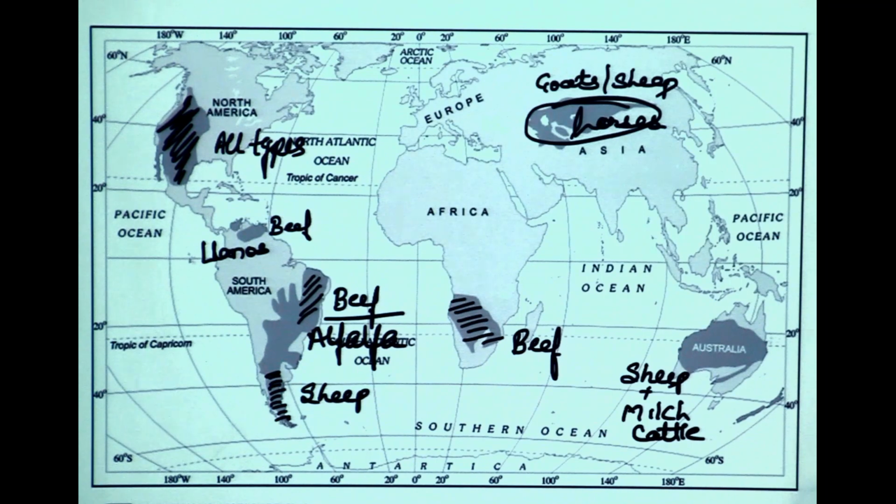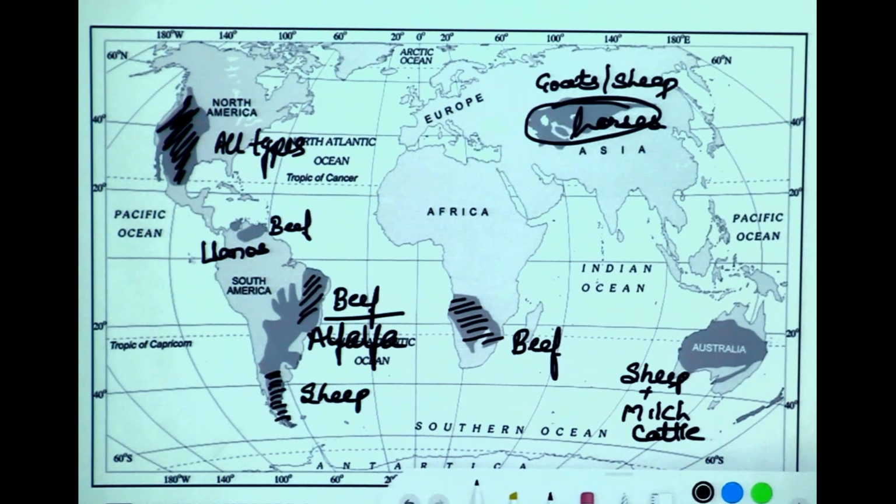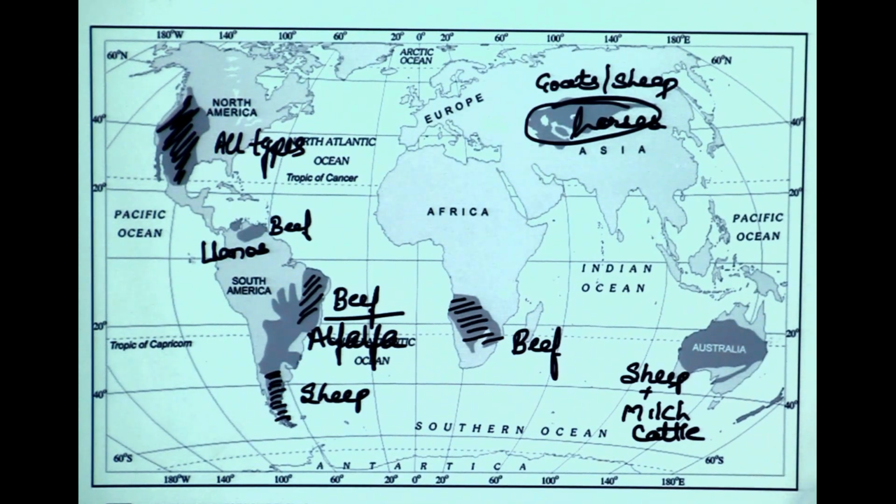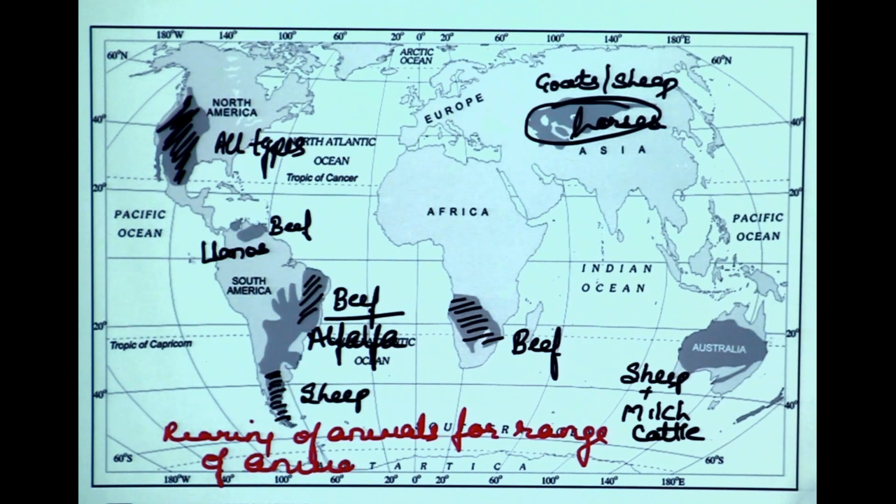So commercial livestock ranching is rearing of animals for a range of animal products.